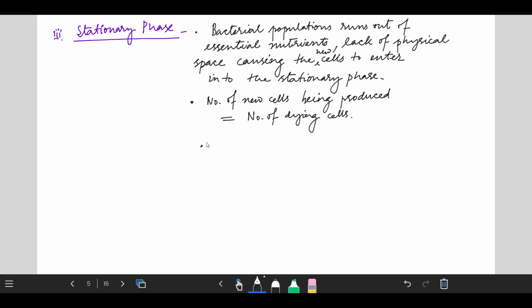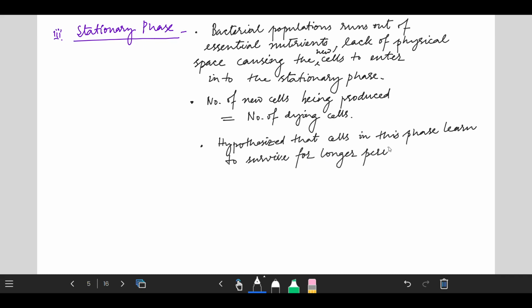As a result, obviously, the growth has entirely ceased, and it has been hypothesized that cells adjust to survive for a longer period of time in an oligotrophic or low-nutrient environment. So it is also hypothesized that cells in this phase learn to survive for a longer period of time in an oligotrophic situation.